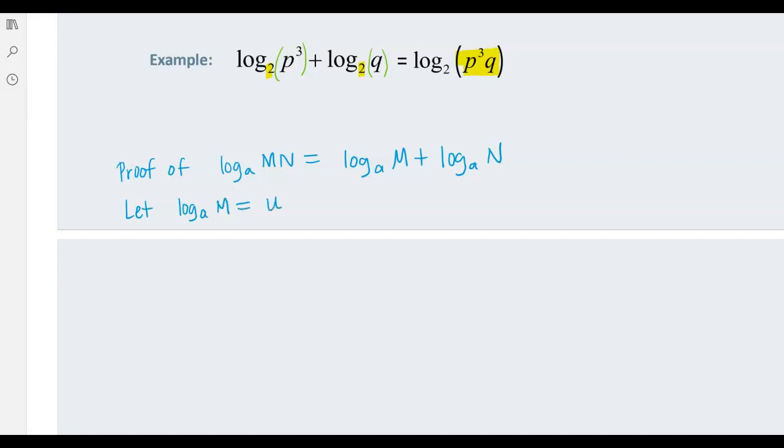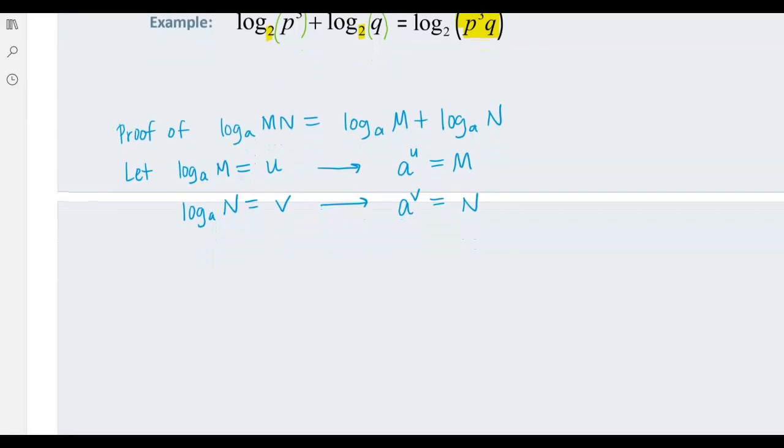Let's call it u. And we're going to let log base a of n equal a different variable. Let's call it v. Now we learned how to change into exponential form. So rewriting both of these in their exponential form, I have a to the u power equals m and a to the v power equals n.